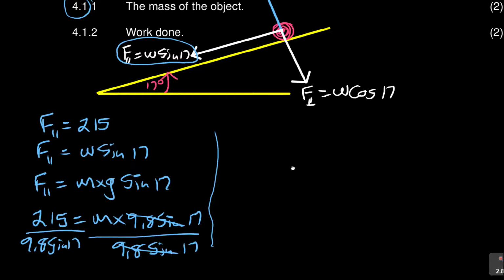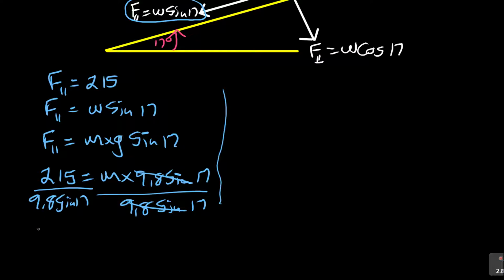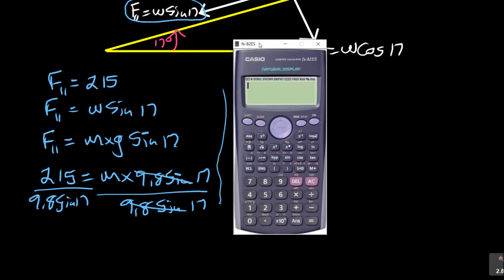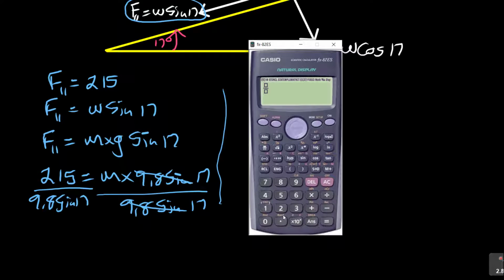Okay, so you will use a calculator there so that you can calculate that. Say 215 over 9,8 times sine 17. Okay, so it's 75,037. 3 decimal places, 75,037.